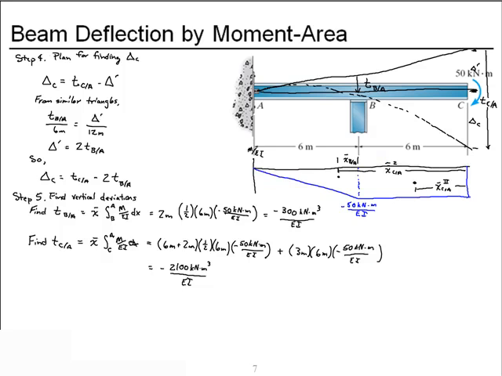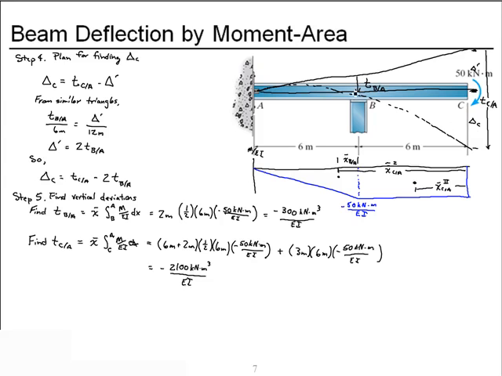Before spending time applying the moment area method to find vertical deviations, we planned out how we would combine certain vertical deviations to get the vertical deflection at C that we were looking for. So we noted that if you draw the tangent from A all the way out, this overall height, the vertical deviation of point C from the tangent coming off of A, includes the delta C we're looking for.